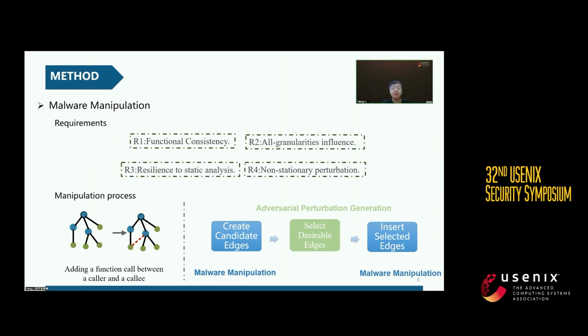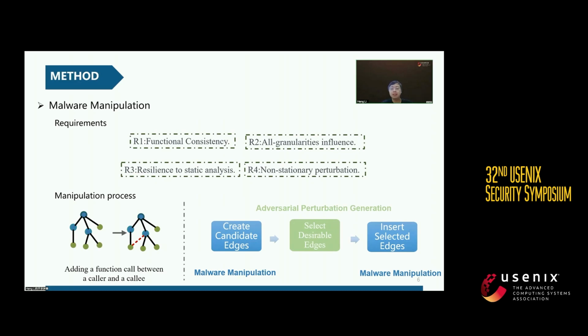In an adversarial attack, the modification made to the malware APK file has to meet 4 specific requirements. First, the malware functionality should remain consistent before and after manipulation. Second, malware manipulation should be able to affect the features of all granularities. Third, malware manipulation should be hindered by static analysis inspection.